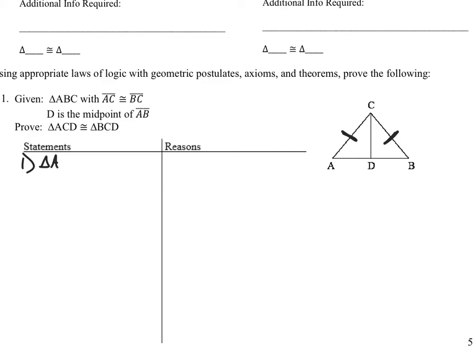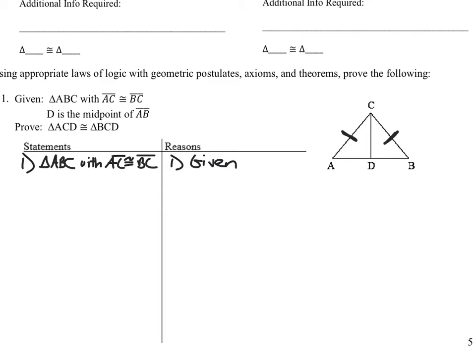So triangle ABC with AC congruent to BC. All right, that's a piece of given information.